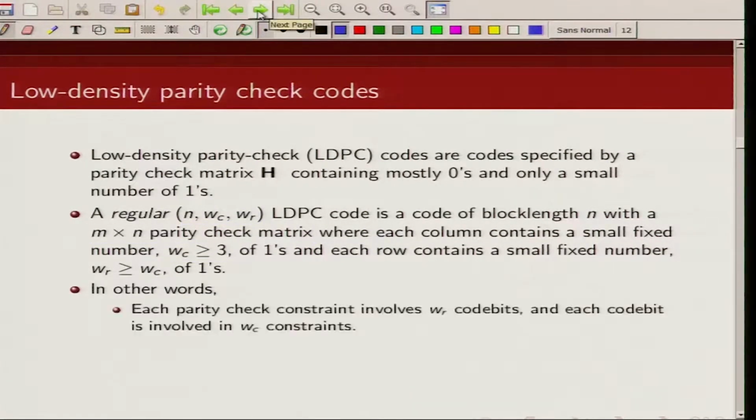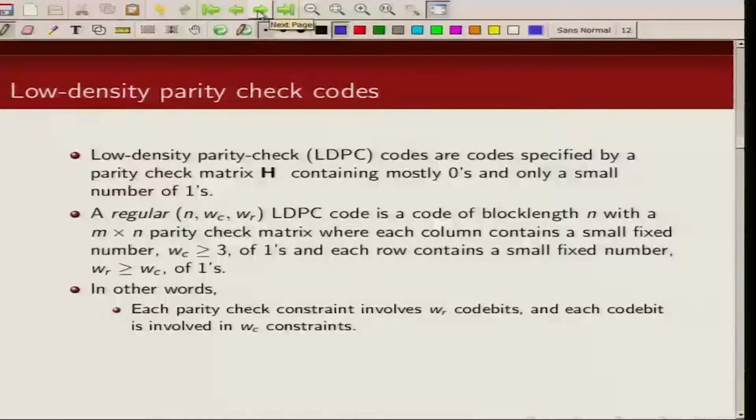Now, what do the rows in the parity check matrix specify? If there are W_R ones in the rows of the parity check matrix, it specifies that W_R bits are participating in a parity check equation, and in all the parity check equations the same number of bits are participating. And what is the implication of W_C ones in each column?